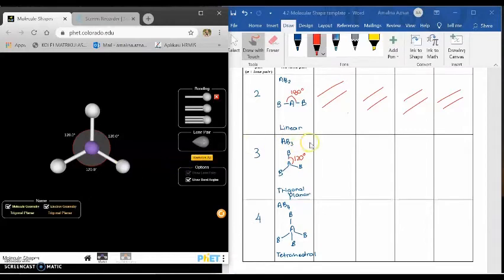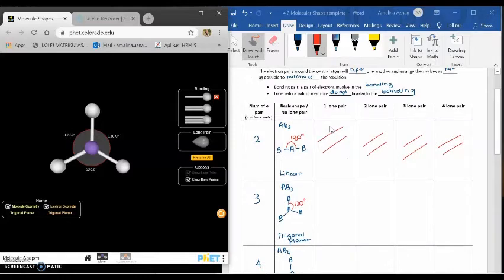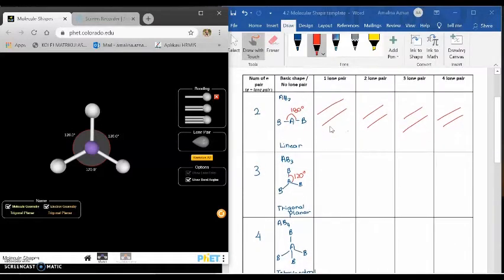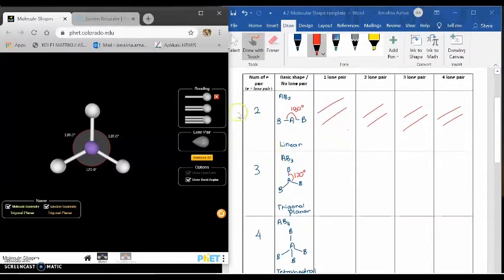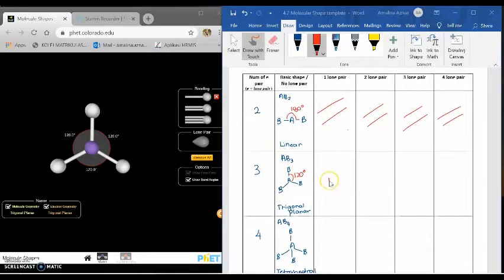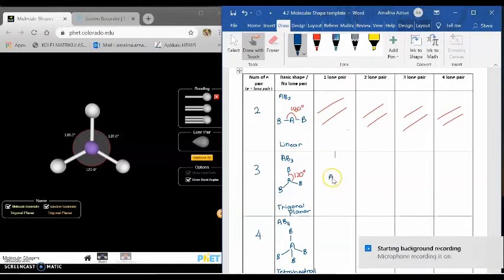Okay, so what if, you can see here, I add one lone pair. I substitute one bonding pair here with one lone pair. So A is still the central atom, B is bonding, which means 2 bonding pairs and 1 lone pair, a pair of lone pair.